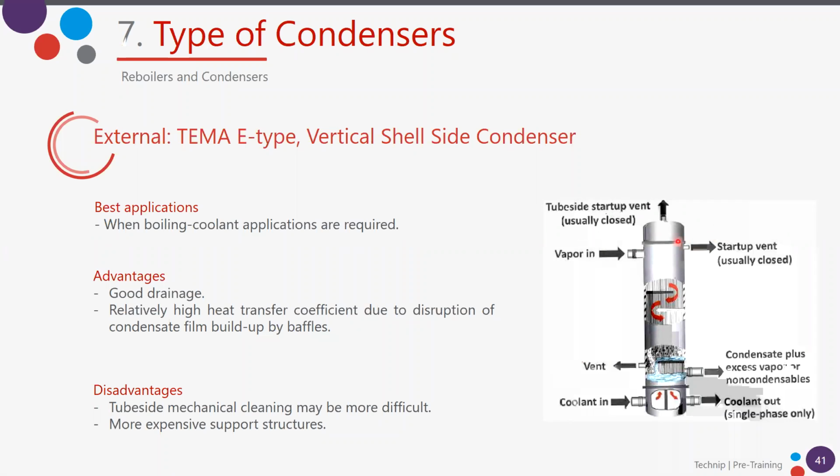But this nozzle, after the startup, will remain closed, since we already have the vent here and we won't need this anymore. Okay, so it's only during the startup. Yes, same as for the tube side.